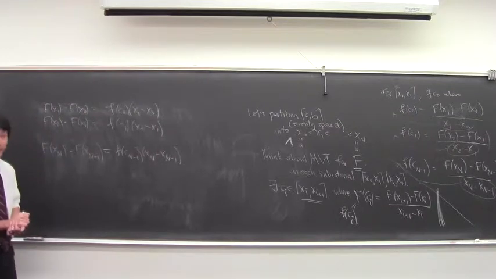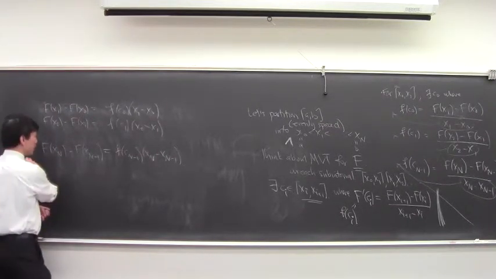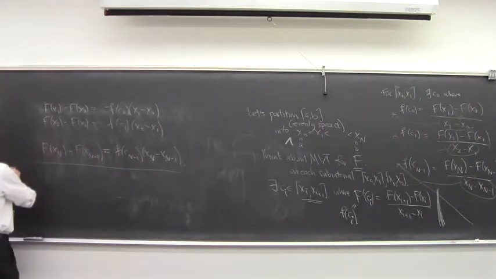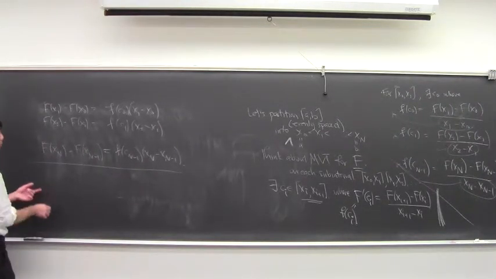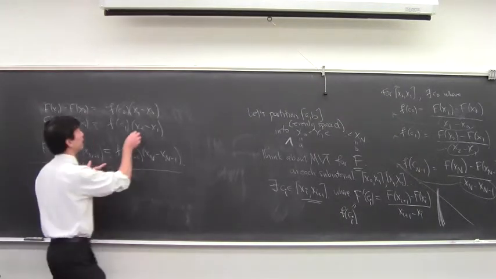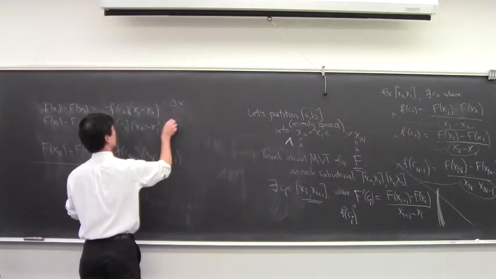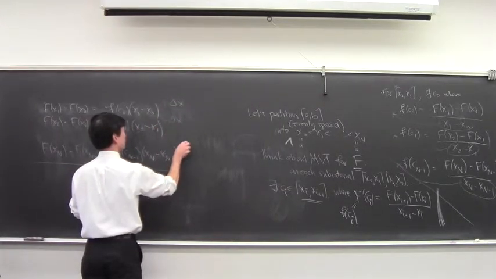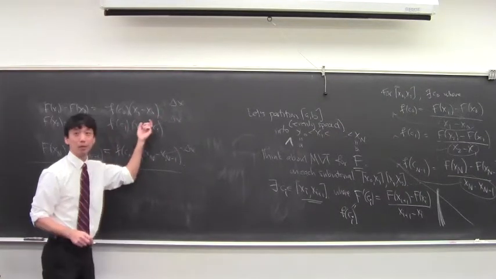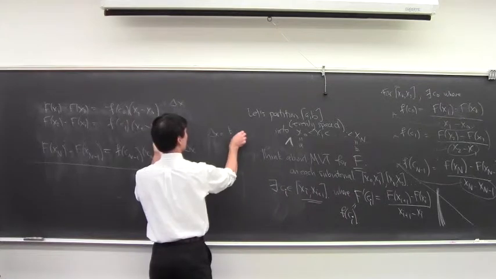Okay, now you get to see something magical happen, which is to add everything together. Before I do that, let me call all of these delta x, because they're all the same width. Delta x is (b minus a) over n.